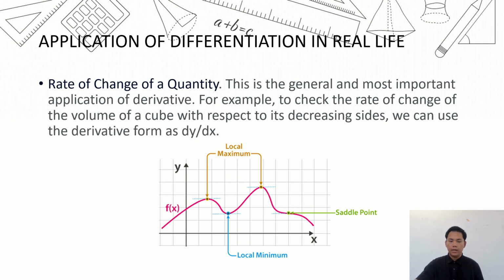Based on the graph, as you can see, the red line is f(x), the yellow line is a local maximum, the blue one is a local minimum, and the green is a saddle point.